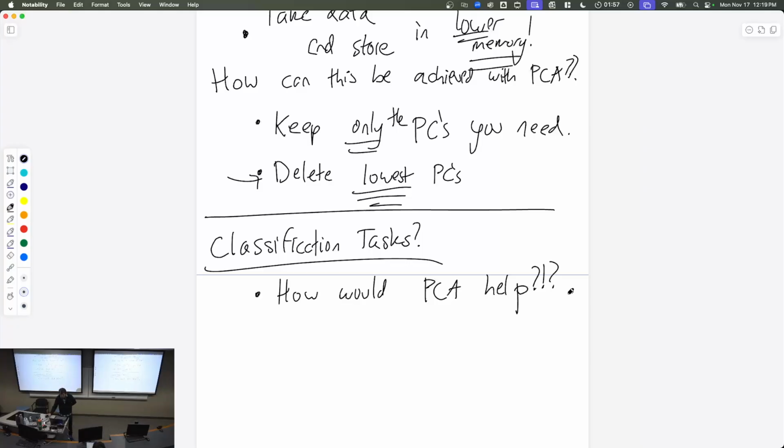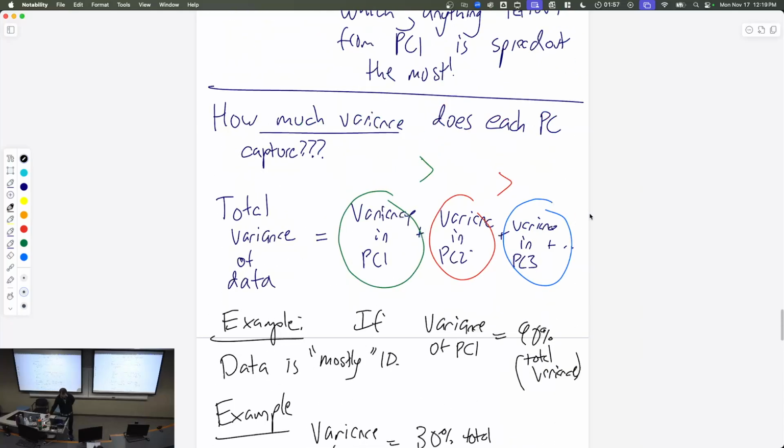Calculate the variance. Well, PCA is a funny way of calculating the variance, right? If you do PCA on your data, you've split the variance up into pieces. There's the variance from PC1, the variance from PC2, and they all add together to give you the original variance. But how does this help you tell things apart? That's fundamentally what classification is.